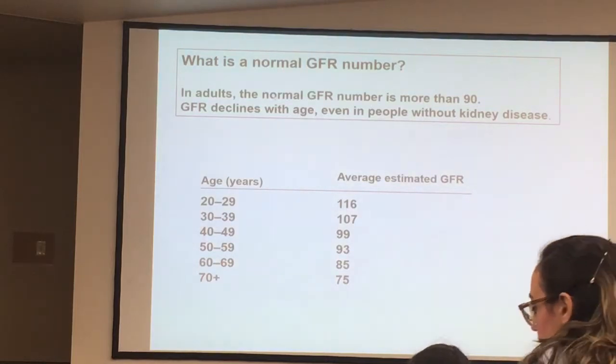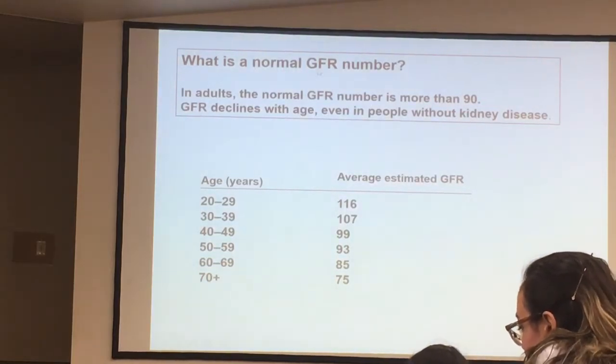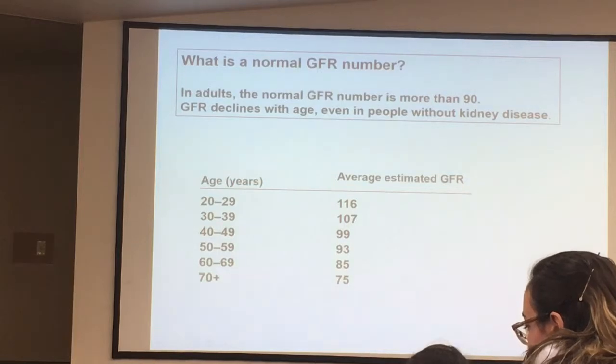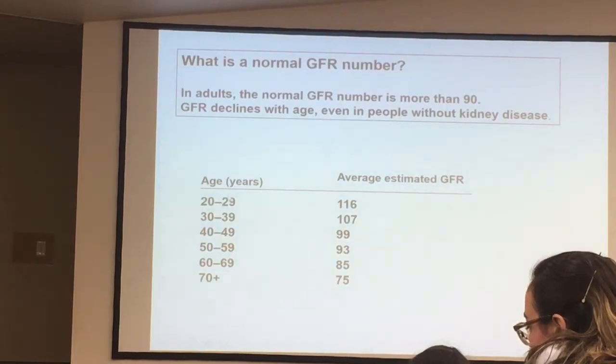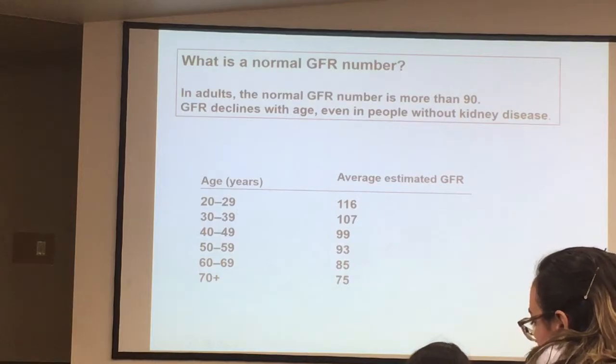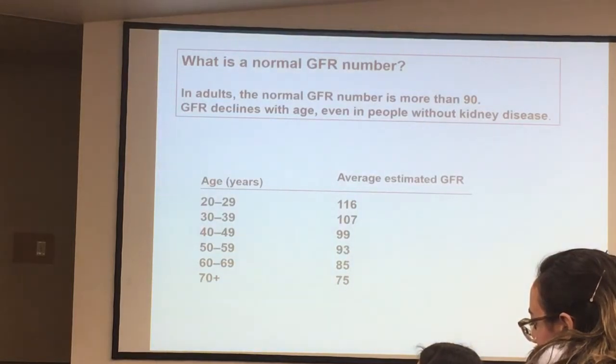And why is it important for the GFR? We want to know how good your kidney is. And they had a list. The left column says your age, 20 to 29 years old. Your average estimated GFR will be over 100. I just use 100 as the example, because 100 is probably the number we need to know.